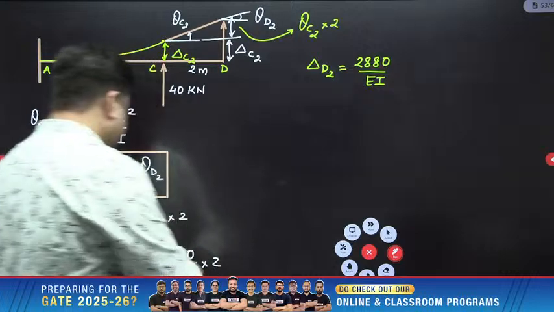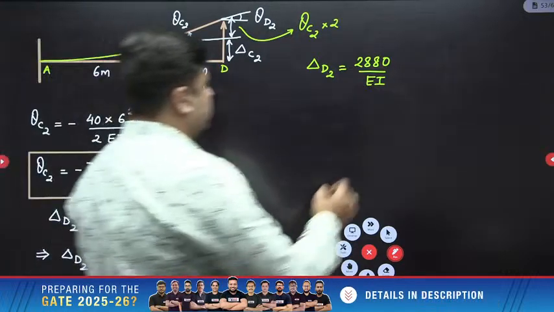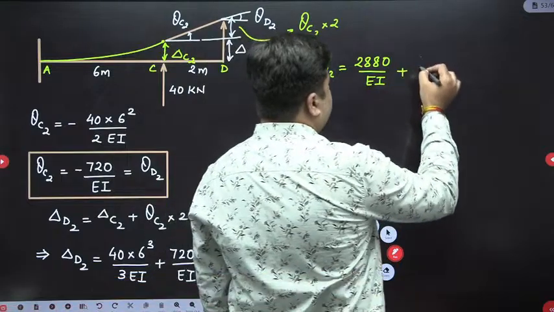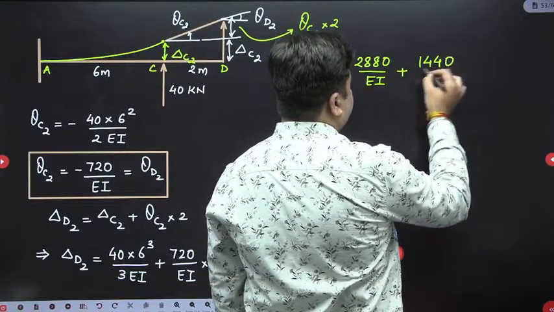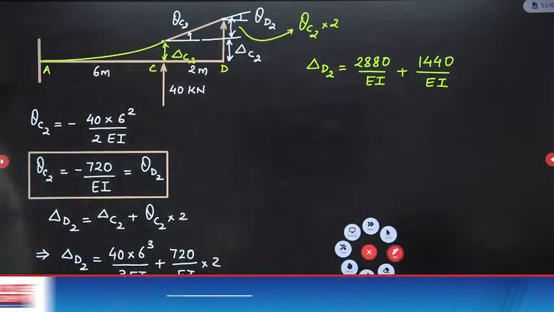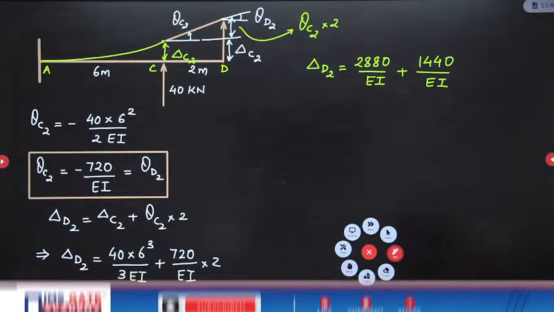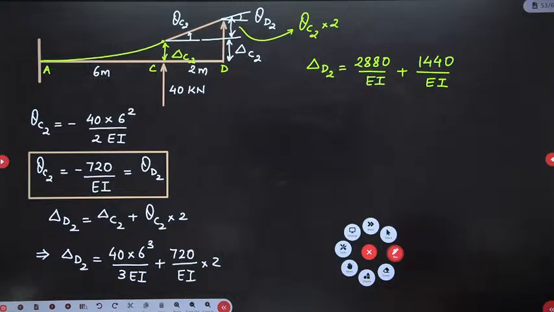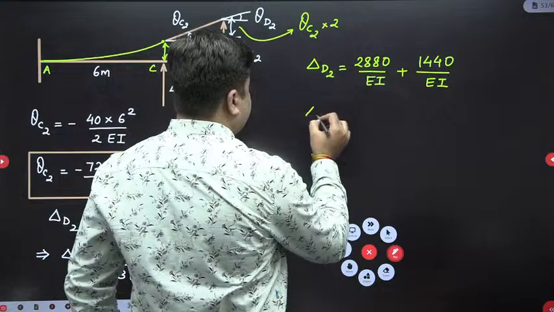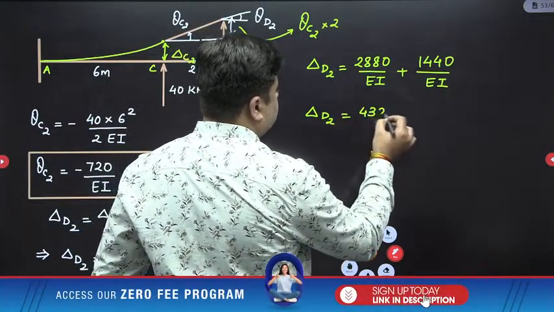Then you have this, which is 1440 upon EI. Please calculate the value of delta D2. So 2880 plus 1440 is 4320 by EI. This delta D2 is 4320 by EI.